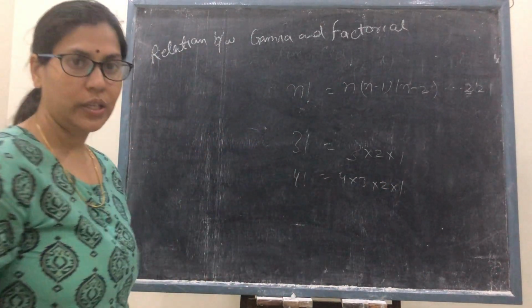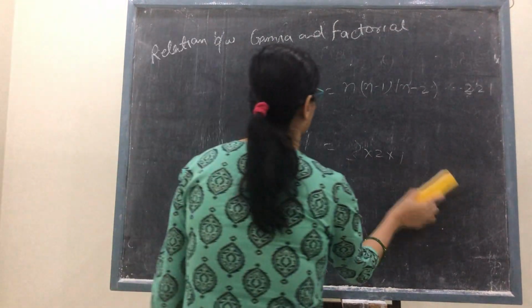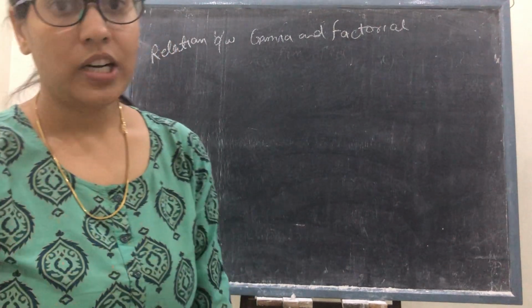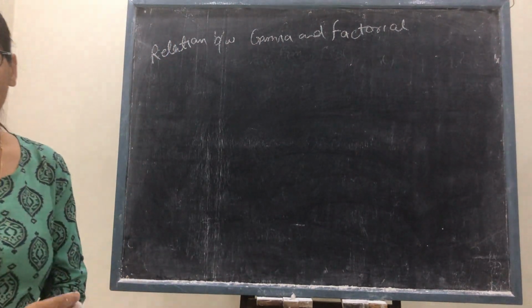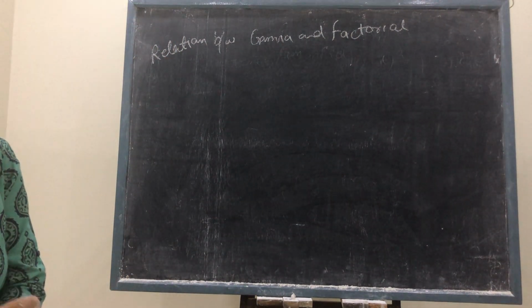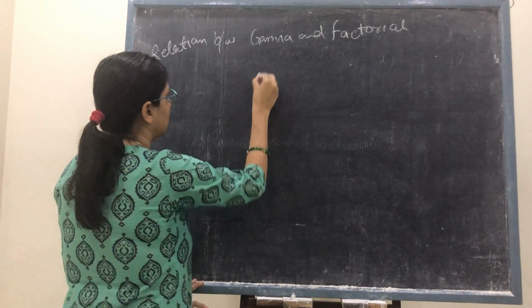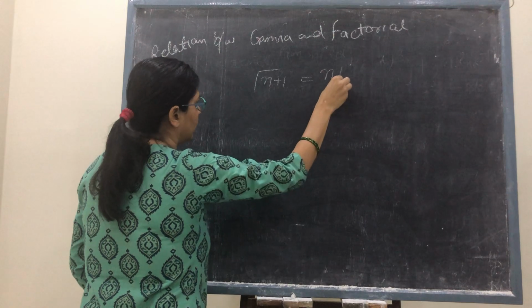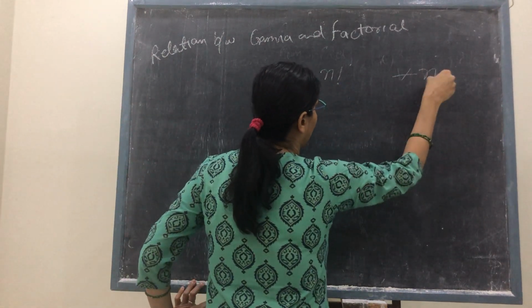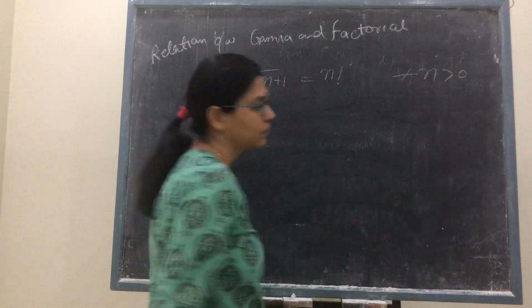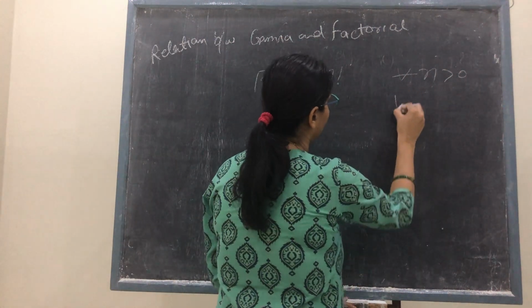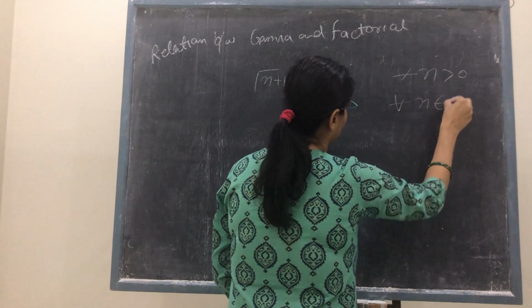This is our factorial. Now the relation between the gamma function and factorial is that gamma of n plus 1 is equal to factorial n for all n greater than 0, or we can say for all n belonging to natural numbers.